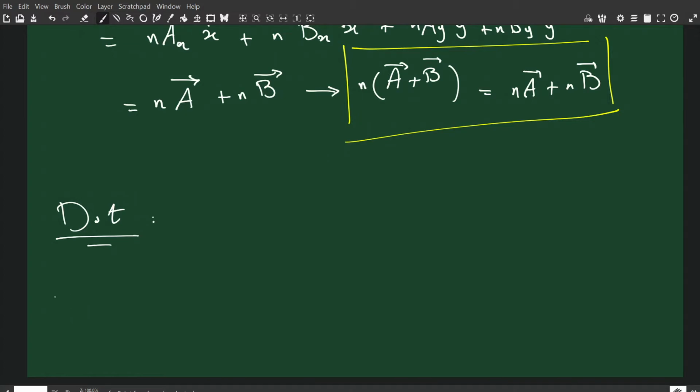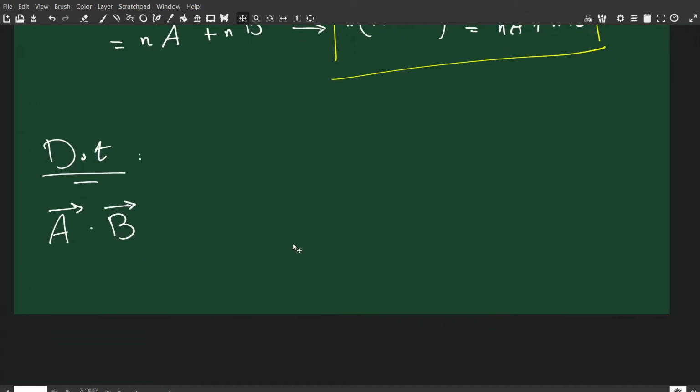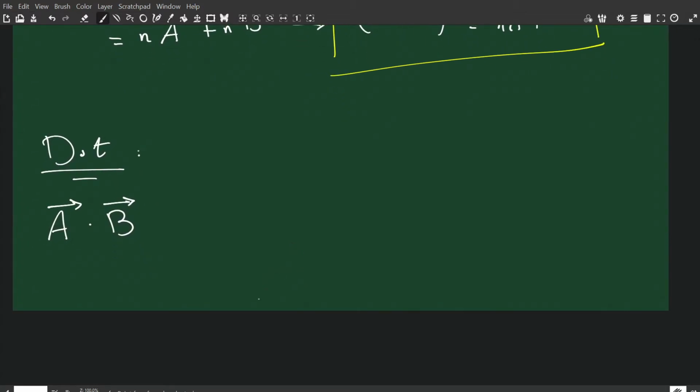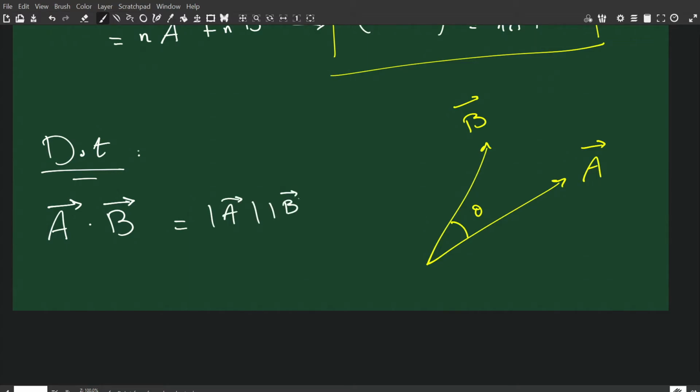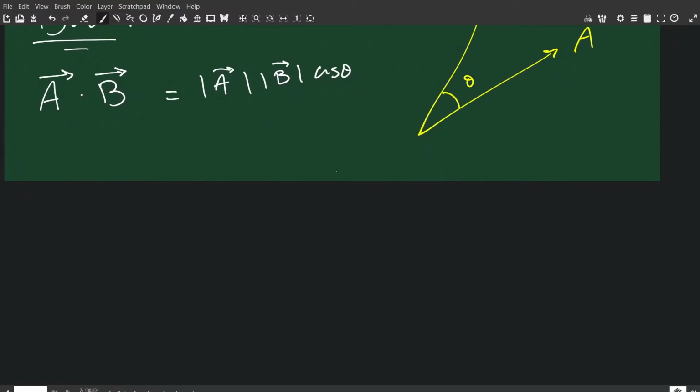The dot product between two vectors will be written like this: a dot b, and its graphical definition is this: if this is the a vector and this one is the b vector and theta is the angle between them, a dot b is defined as magnitude of a, magnitude of b, cosine of theta. It's the definition of the dot product.